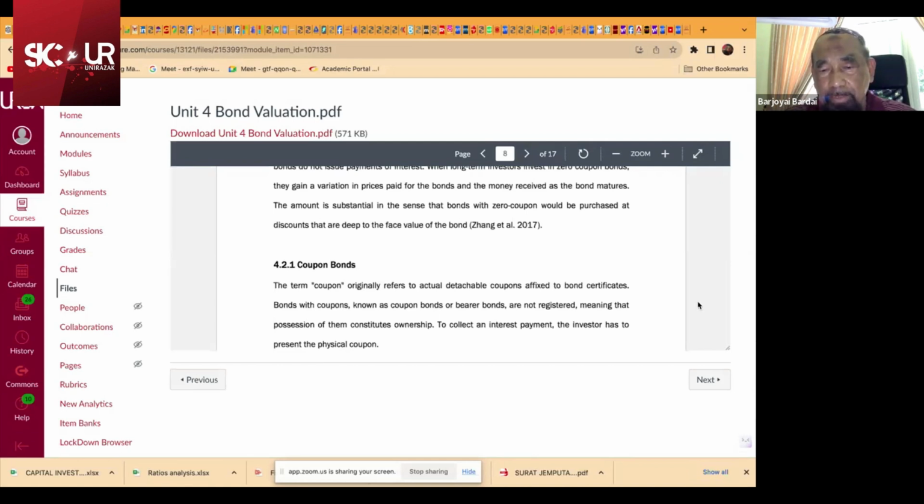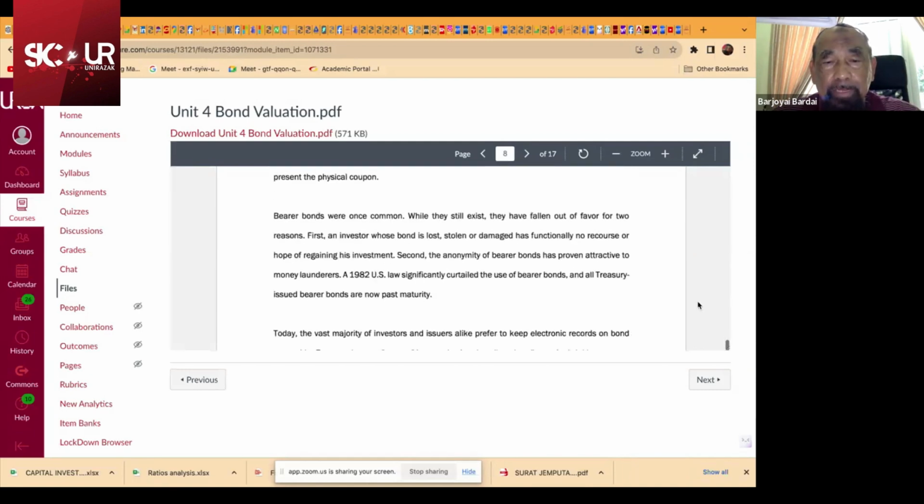And to collect an interest payment, the investor has to present the physical coupon. So the bond will be issued with the coupon. Every year end, the coupon will be presented to the issuer and they will be paid the amount of interest. The bearer bond was once common.